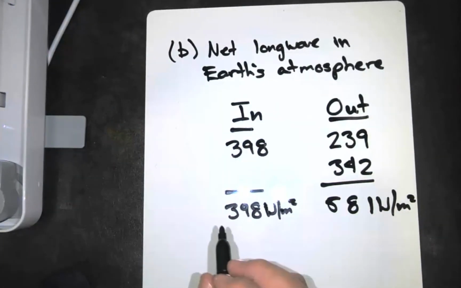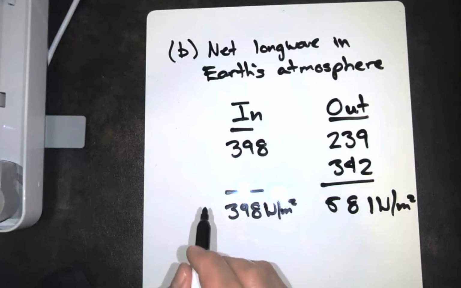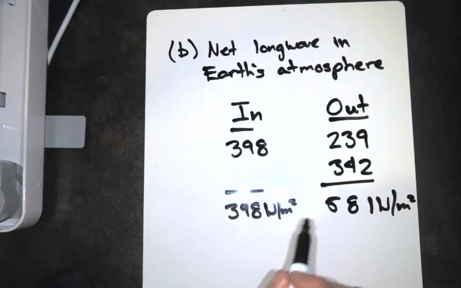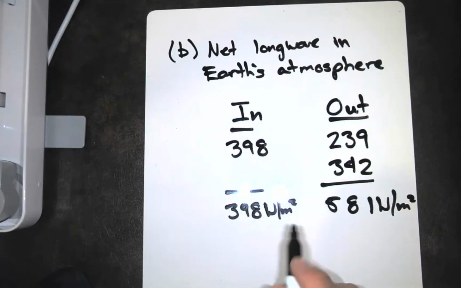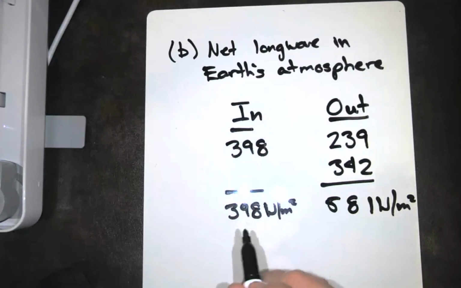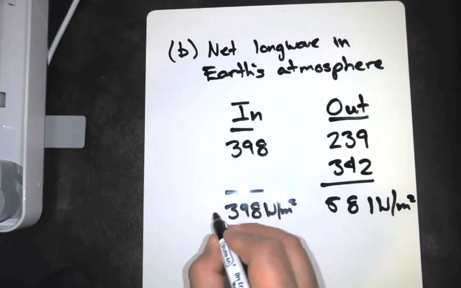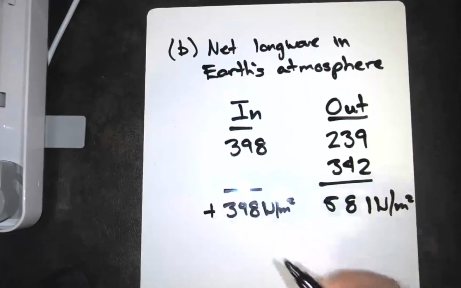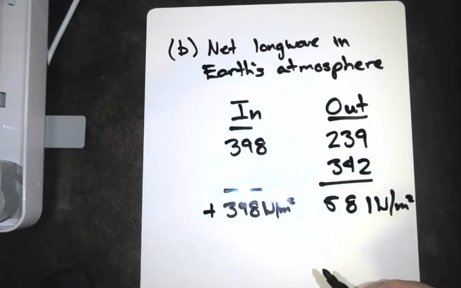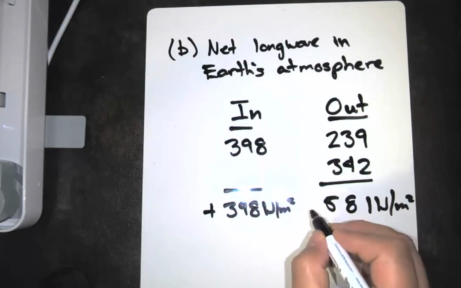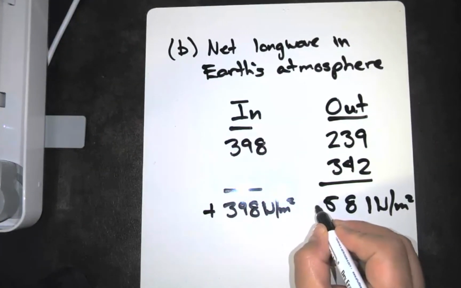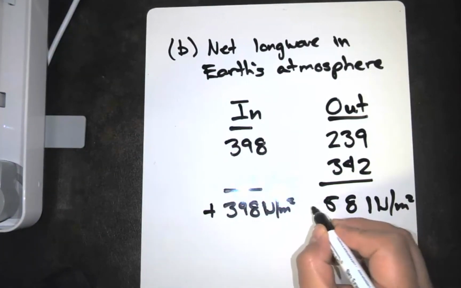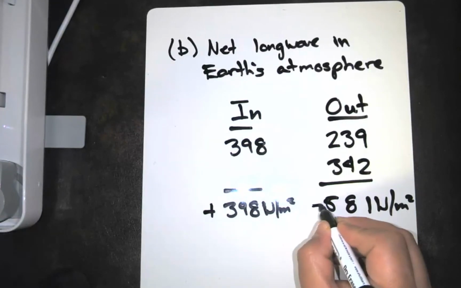Again, I need to be very careful about the signs of each of these when I'm doing this net differencing. Okay, so again, I'm going to define incoming fluxes as positive because they tend to warm our system, being the atmosphere, and I'm going to correspondingly label outgoing fluxes as negative.